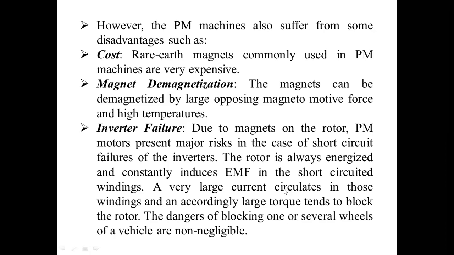But here the major condition is when inverters come under the failure category, that is, a short circuit of the inverter. Therefore, there is a major problem: the wheels of the BLDC motor can be blocked.